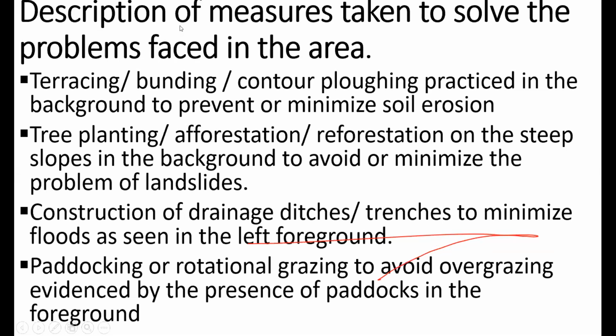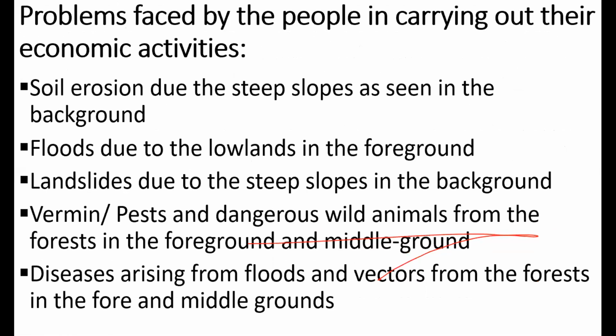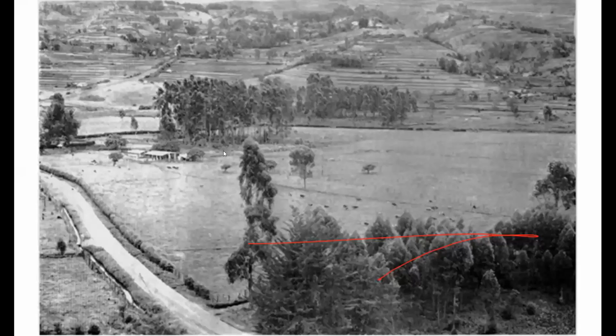Now, description of measures taken to solve the problems faced in the area. Let me take you back to the photograph here. What measures do you think have been taken to solve the problems facing this area? We talked of the problem of erosion.